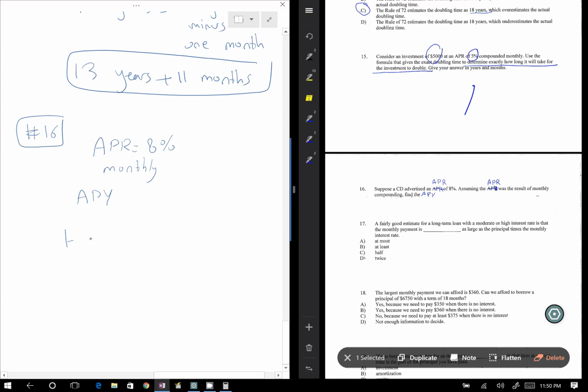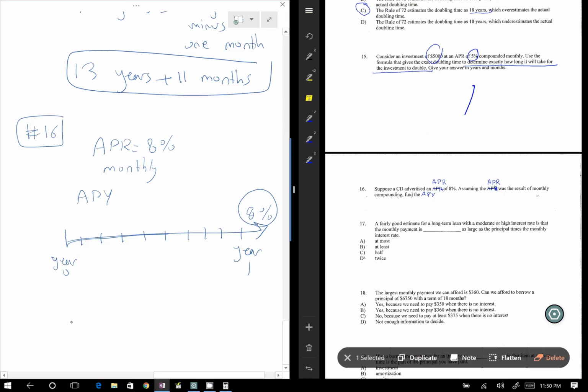Remember, if the APR of 8% was compounded annually, in 1 year, so this is year 0 and this is year 1, then the APY and the APR will be the same. But if you compound monthly, your actual interest is not actually 8%. So the APY will give you the annual equivalent of that APR.